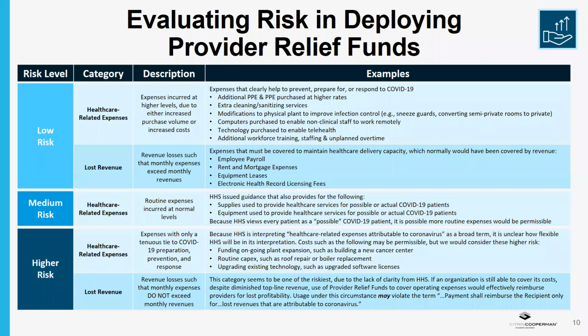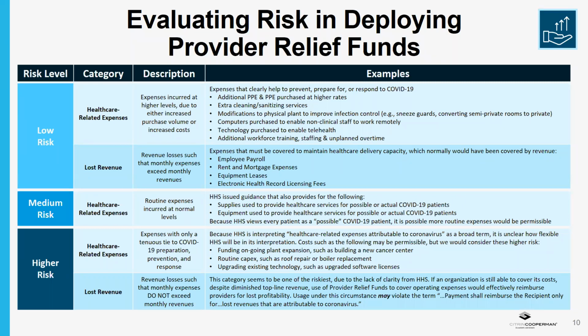And then the other issue is with the lost revenue. If you have lost revenue during a month where your expenses do not exceed monthly revenues, and really the application of the provider relief funds for expenses during that month, there's a real question of whether it really helps you to maintain capacity, because what it's really doing is helping to support profitability and lost profitability.